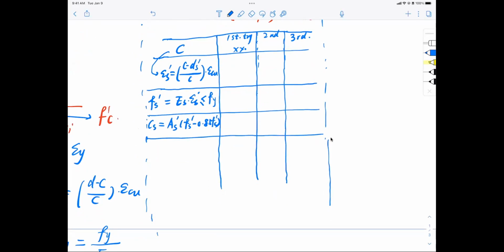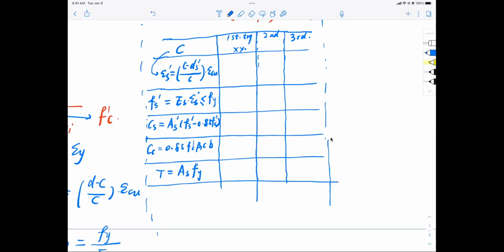And then CC, compression from the concrete, 0.85 F prime C, A, which is beta 1, don't forget, C, B, right? And then that is the compression from the concrete. Then T equal to AS Fy, total tension force of the bars. And now tension and compression have to equal each other. So what is my compression, right? And you do compression.